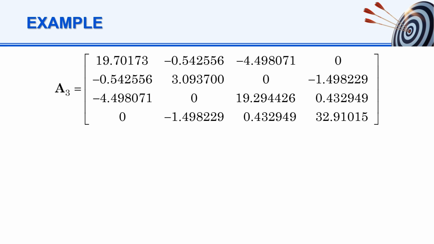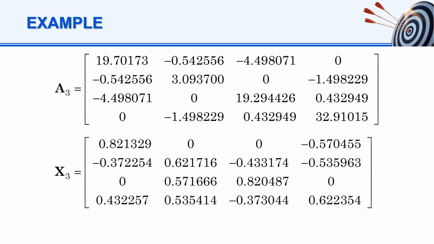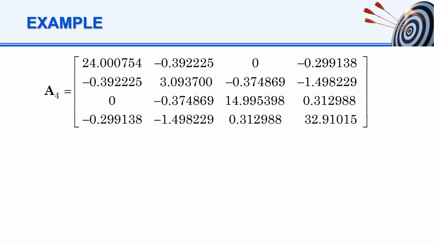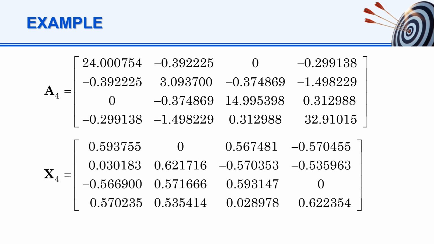At the third step, the rotation operations on matrix A and X yield A3 and X3, respectively. The convergence criterion is still too large to stop the iteration process. At the fourth step, the rotation leads to A4 and X4.